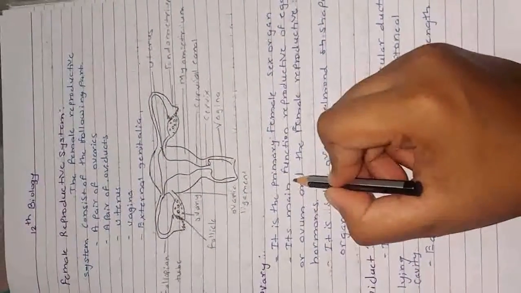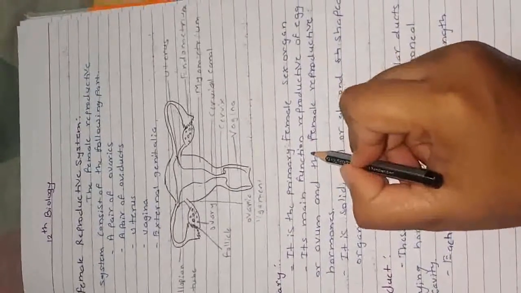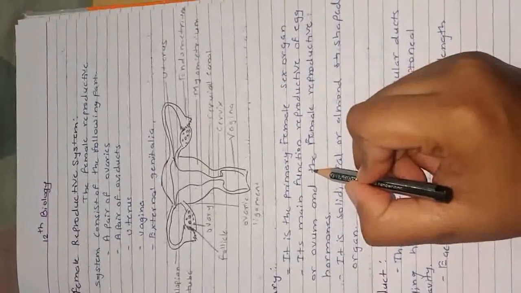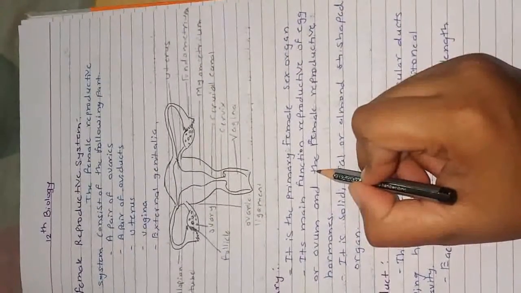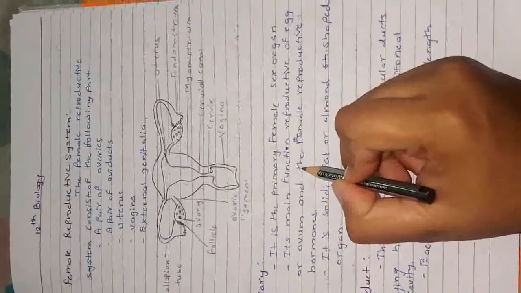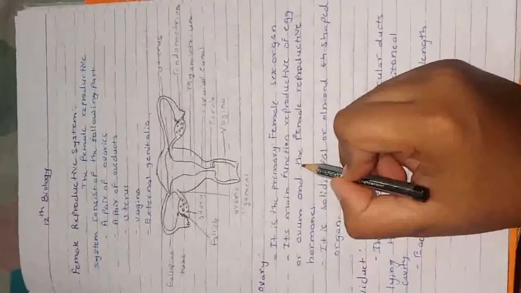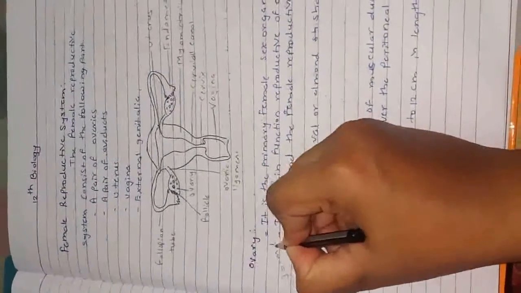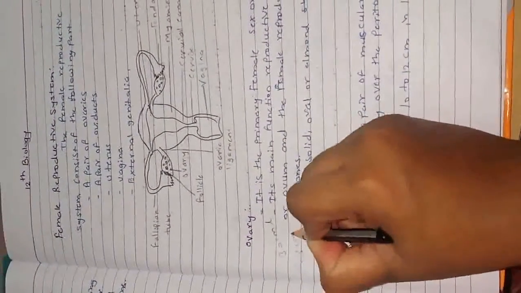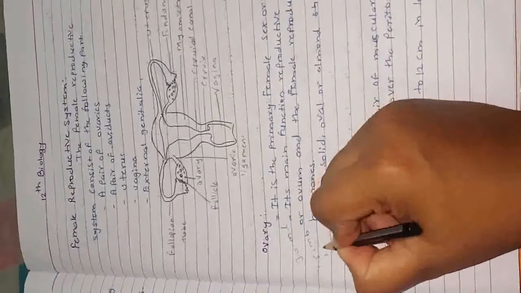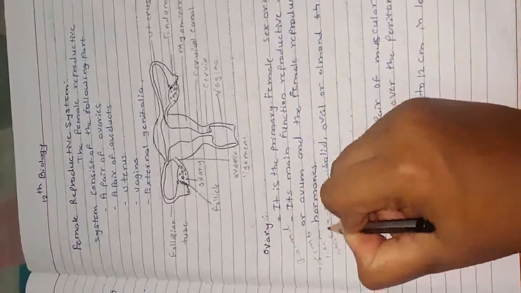First one, ovary. It is the primary female sex organ. Its main function is production of egg or ovum and the female reproductive hormones. It is a solid, oval or almond-shaped organ. It is 3.0 centimeter in length, 1.5 centimeter in breadth and 1.0 centimeter in thickness.